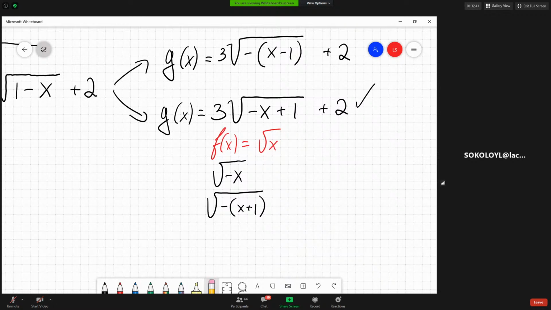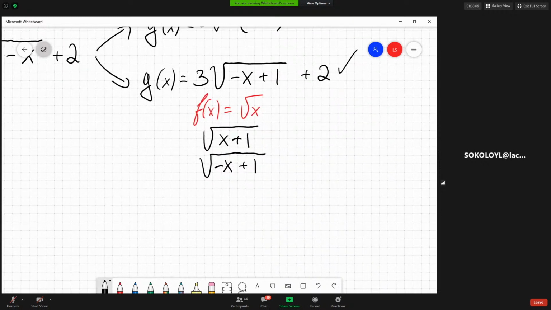So for that reason, it's important to maintain the correct order here, which is to first replace x with x plus 1. So I get that. Then replace x with negative x. So I get that.